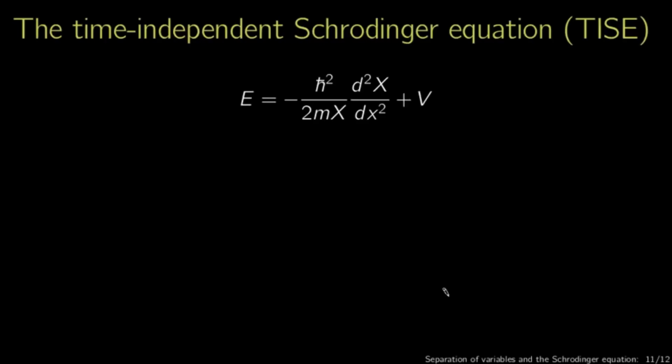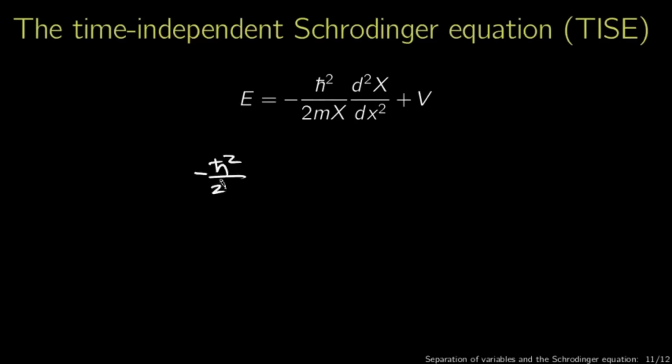The space part of this equation is a little more complicated. All I'm going to be able to do now is rearrange it a little bit by multiplying through by capital X, just to get things on top, and change the order of terms a little bit to make it a little more recognizable.